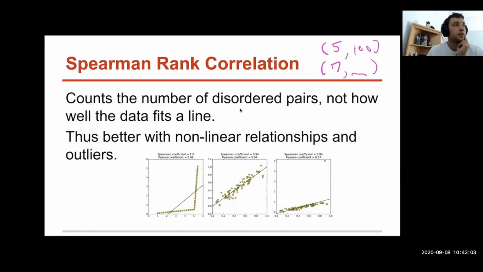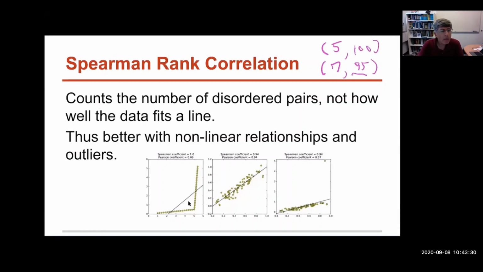It should be bigger than 100. If I told you it was 95, these two would be a pair that is out of order, right? And the Spearman rank is counting the number of out of order pairs instead of just how well it fits a line. Okay?